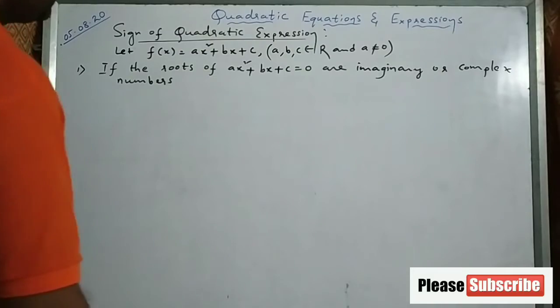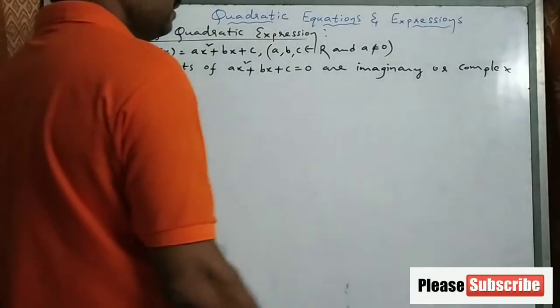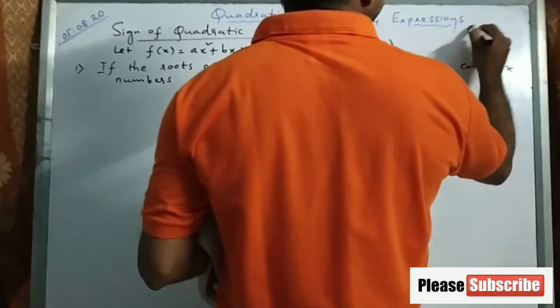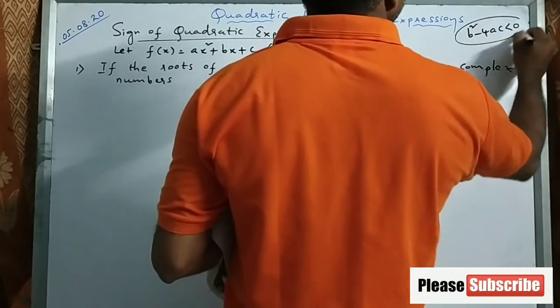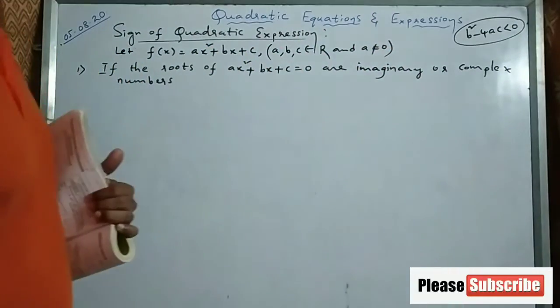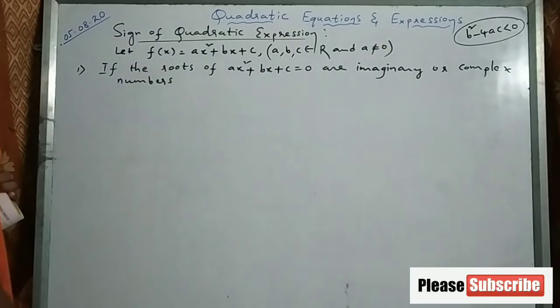When do we say roots of quadratic equation are imaginary? If discriminant, that is b square minus 4ac, value is less than 0. Discriminant should be less than 0. Then we say that the roots are imaginary.